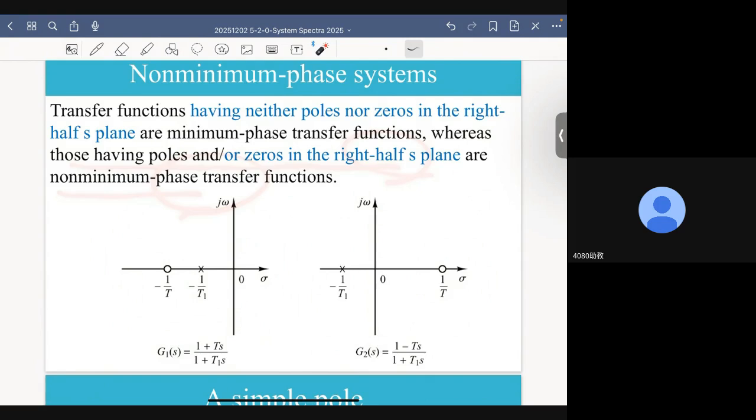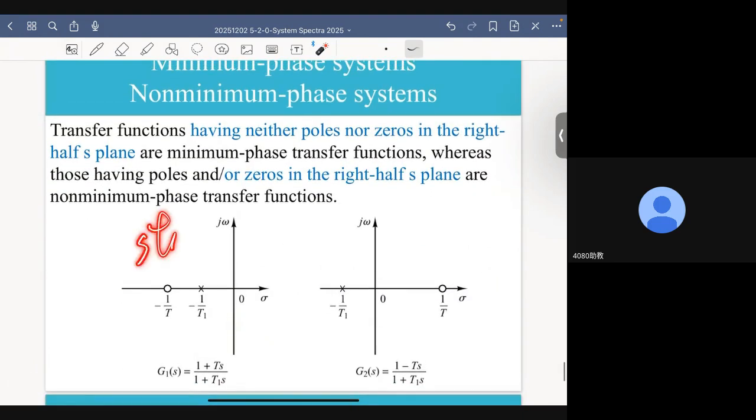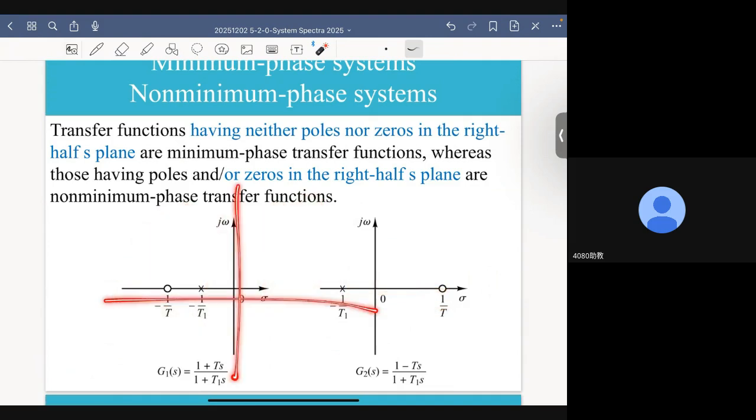Now the focus here is on the zero. We can divide zeros into stable zeros and unstable zeros, depending on which side of the s-plane the zero is located. There is no need to discuss unstable poles here, because this pole is located on the left-hand side.